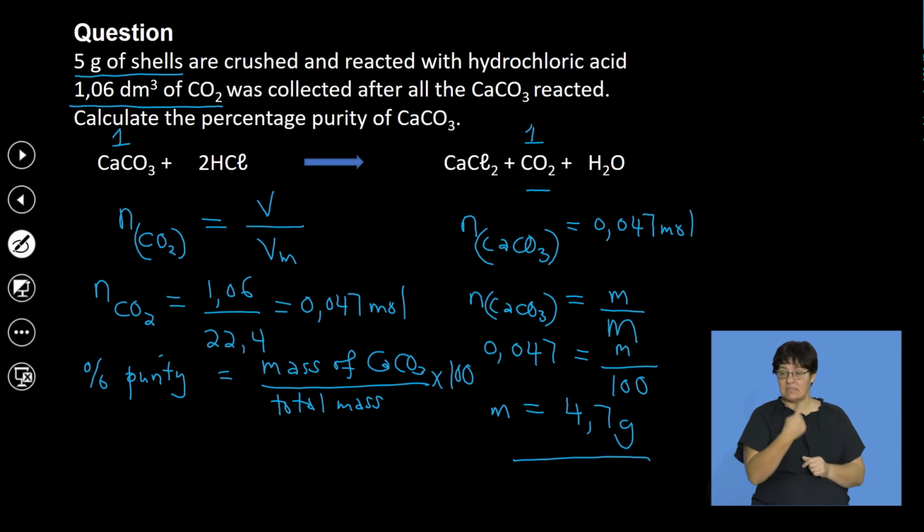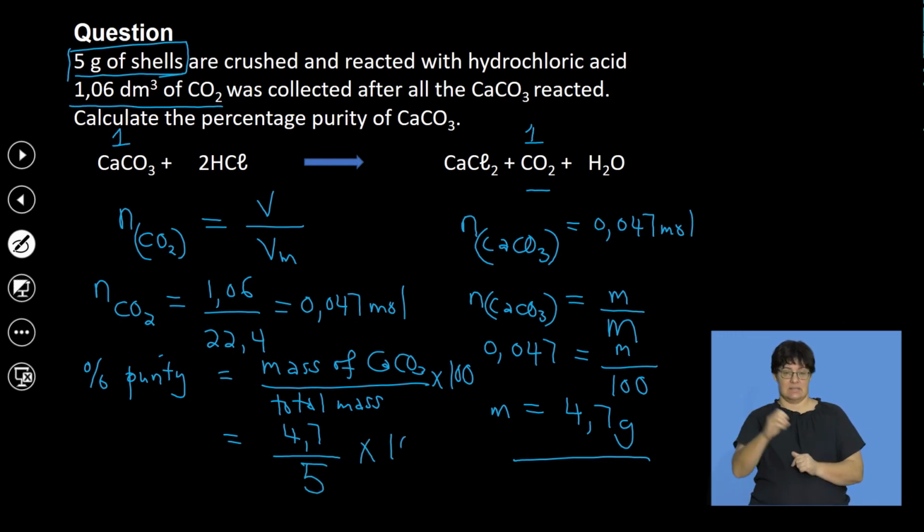So in this case, the mass of the calcium carbonate that we've managed to calculate is 4.7 grams, divided by the total mass of the sample, which is 5 grams. We multiply this by 100.